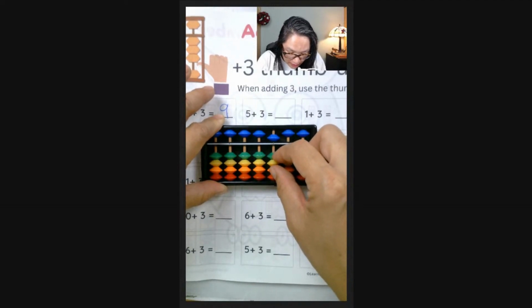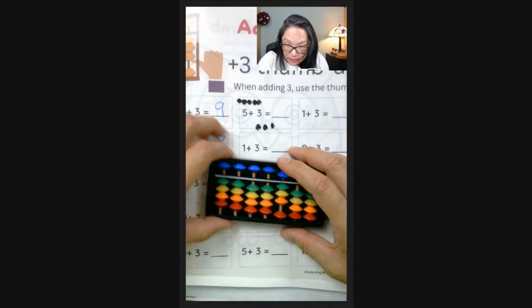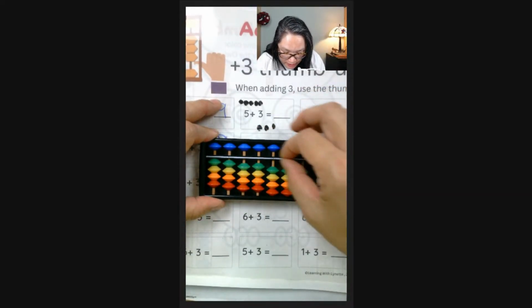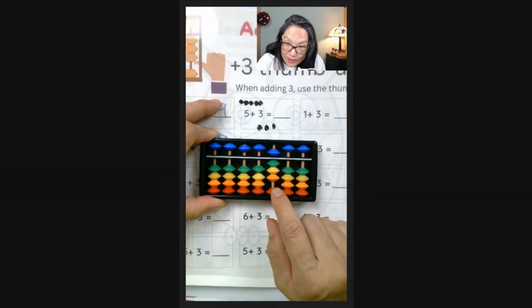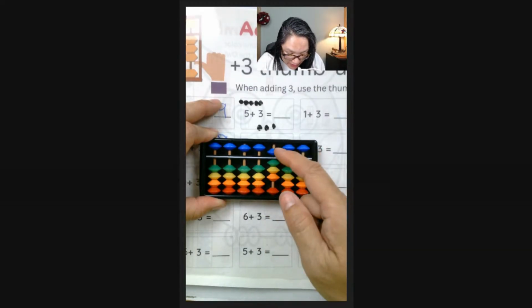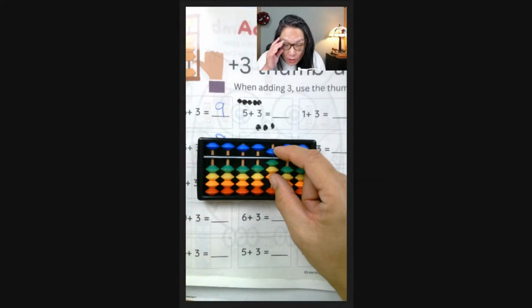That's subtracting. But you could do it the mainstream way, which is to count the dots, count the 5 dots and count the 3. That's different on the abacus, because on the abacus you can see that this is 8. We already know that this is 8. How do you know? Because of the 5, 6, 7, 8. When you look, it's easy to just look and know what the number is.